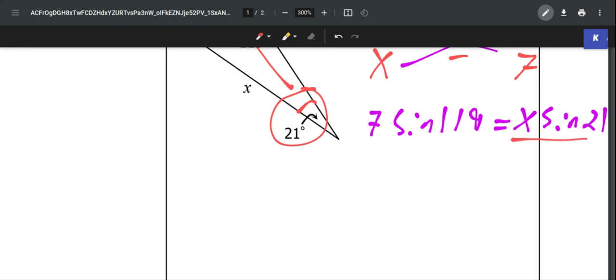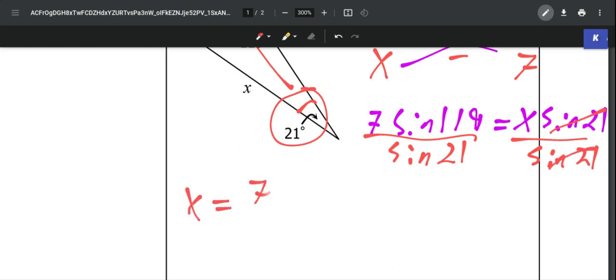So anytime you have x multiplied by something and you want to get x by itself, you will divide because that's just the opposite of multiplying. So we're going to divide by sine of 21 on each side, which will get rid of it on the right. So we'll get x is equal to 7 times sine 119 over sine 21.